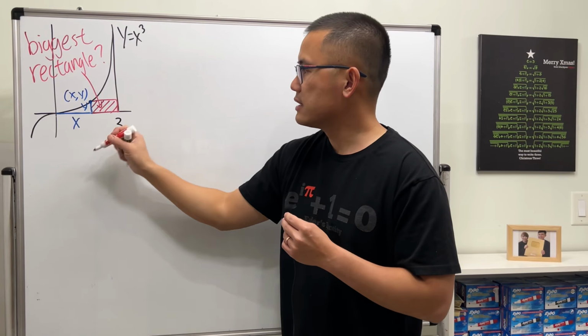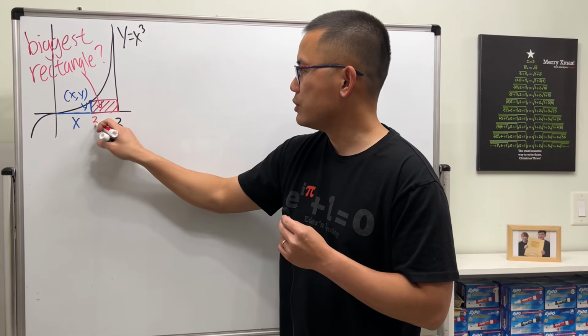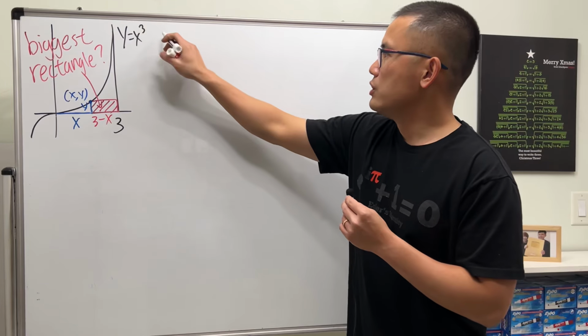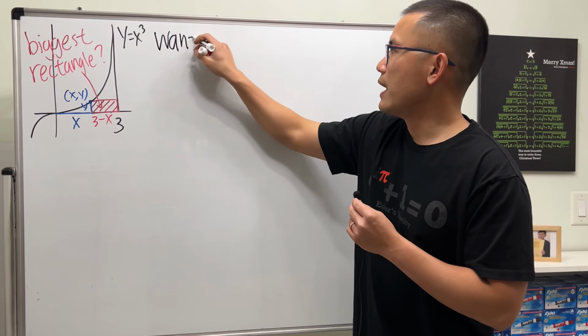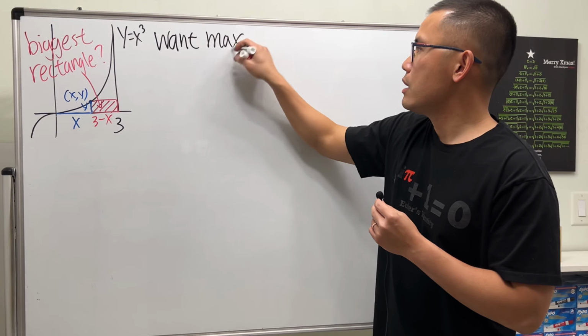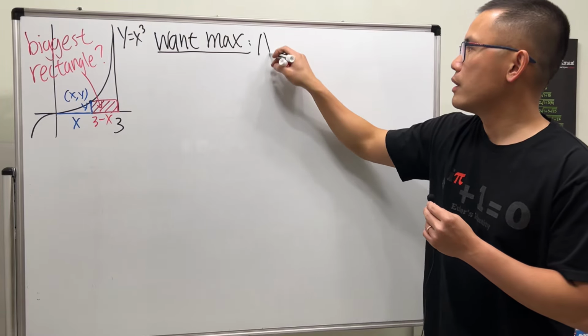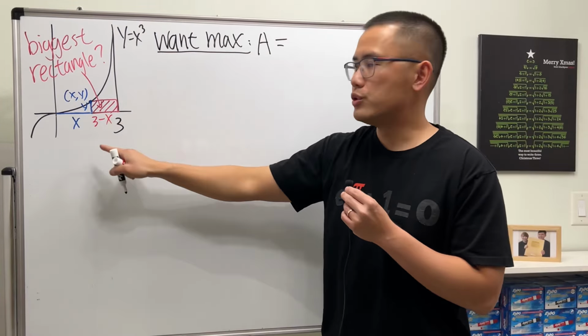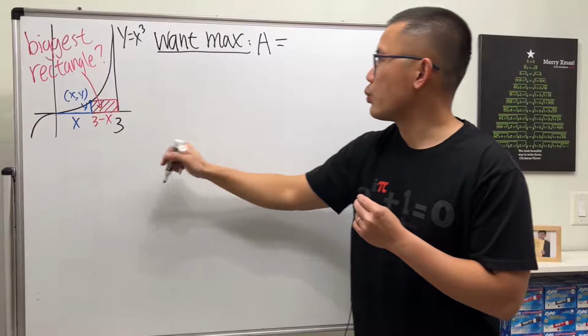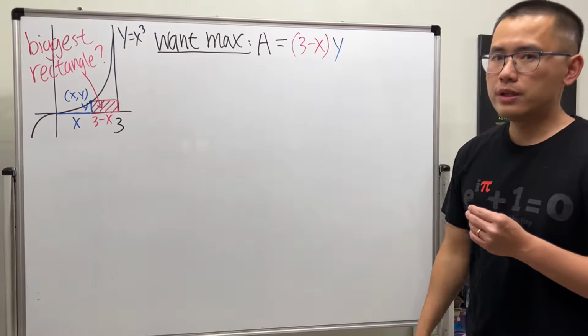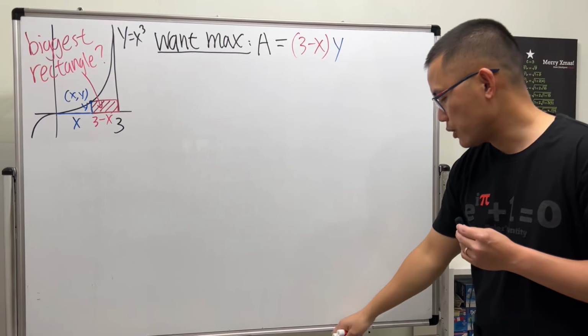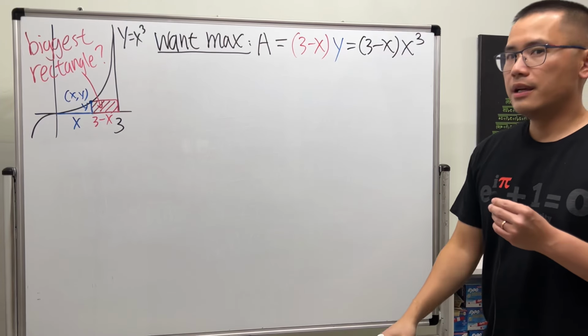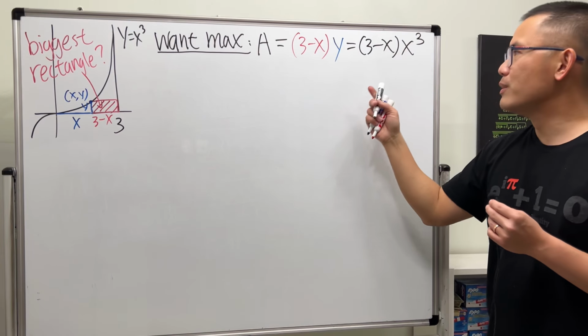This much is x, so the red part right here is just 3 minus x. So we will just need to find the maximum of the area of the rectangle, which is just (3 minus x) times y. And we know y is equal to x to the third power, so we can just plug that in here. Okay, how do we find the maximum of this?